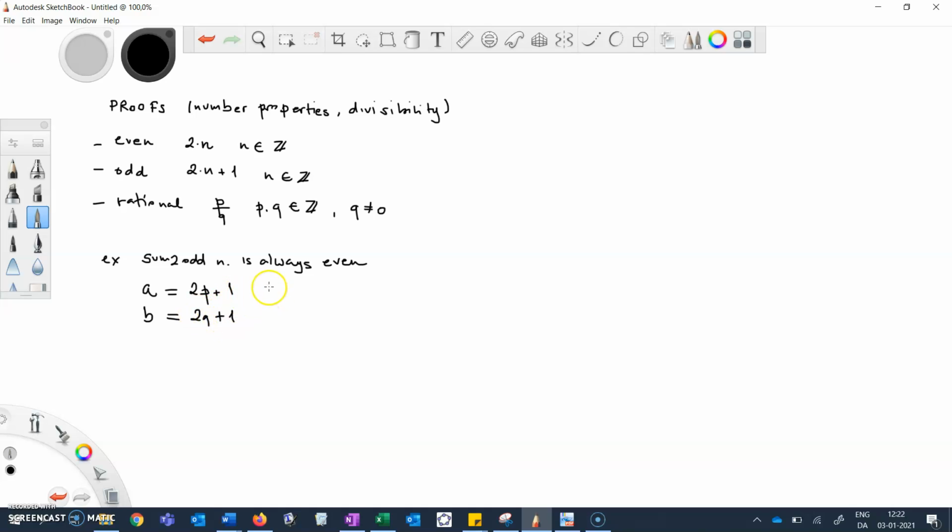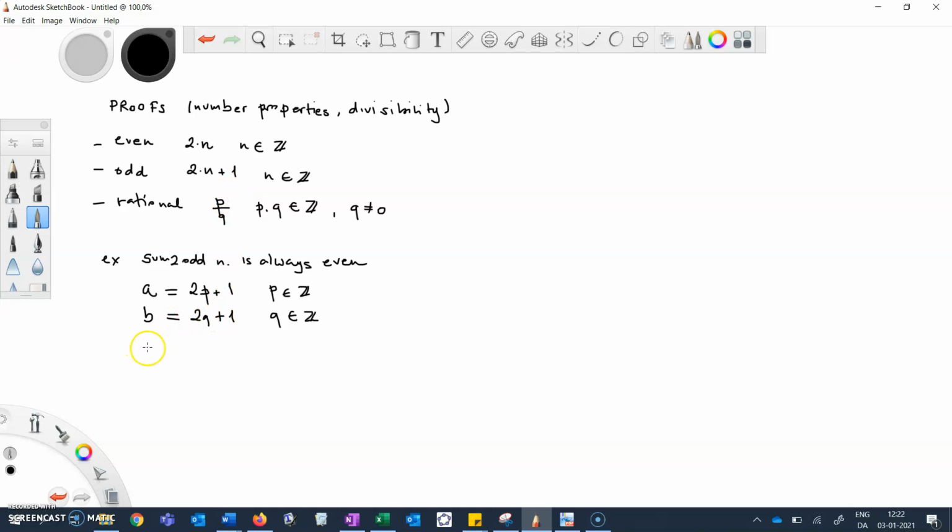In this case, I know that P and Q must belong to the integer group. So I hope you're with me. I am just defining two numbers symbolically as 2p plus 1 and 2q plus 1. I know that they must be odd because they respect this form, 2 times something plus 1.